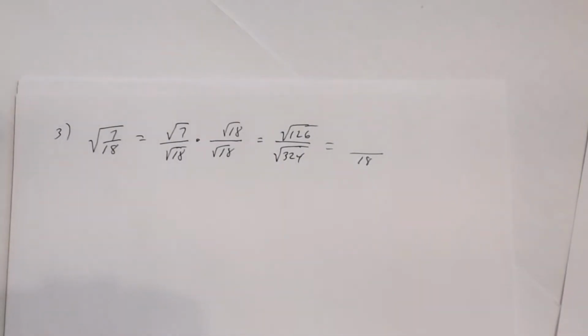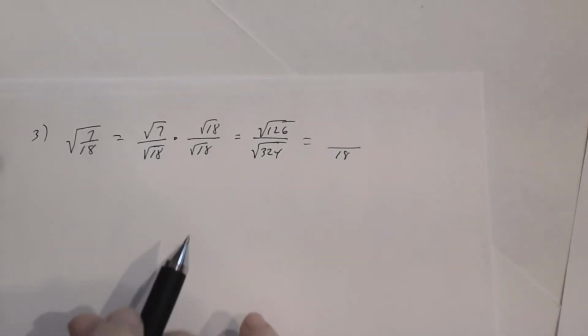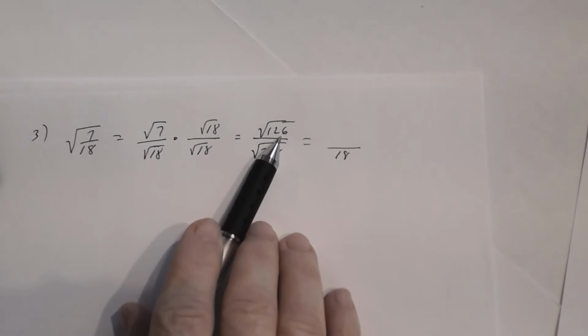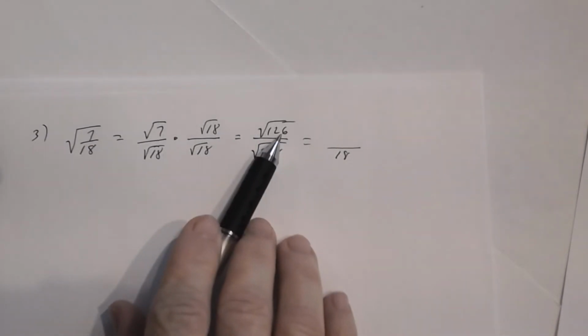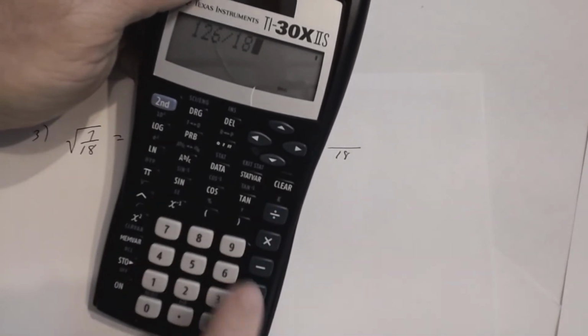Now, let's see if I can simplify the numerator. So I have the square root of 126. Now, listen carefully to this to make things easy on yourself. You see 18 is part of this, right? If you do 126 divided by 18, you get 7, remainder 0.